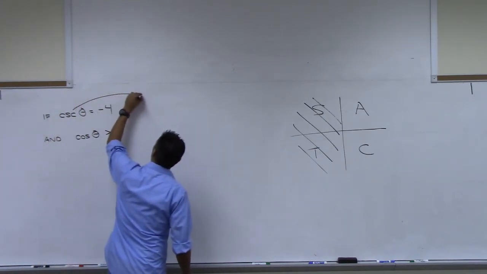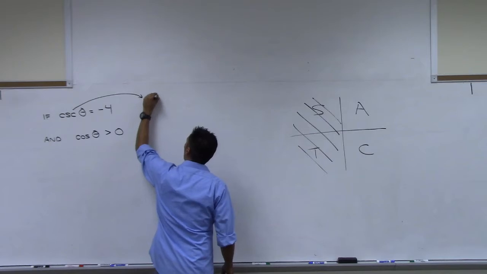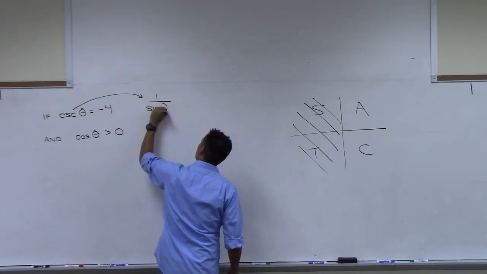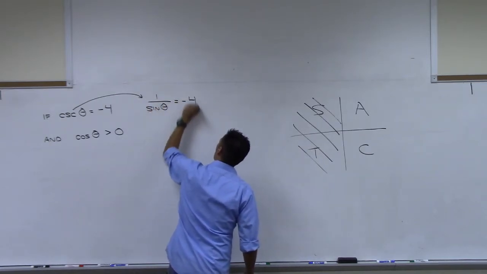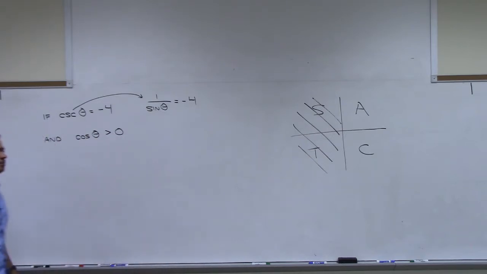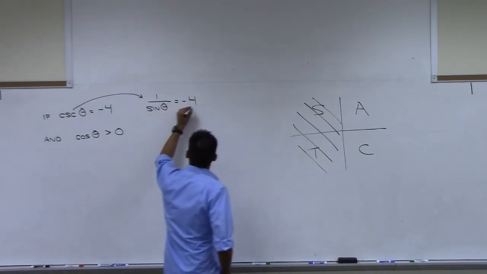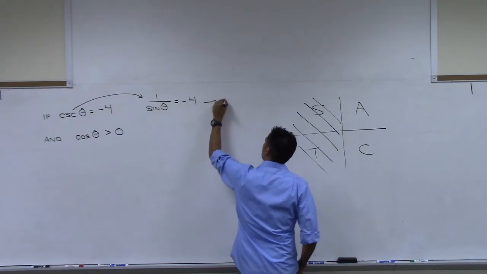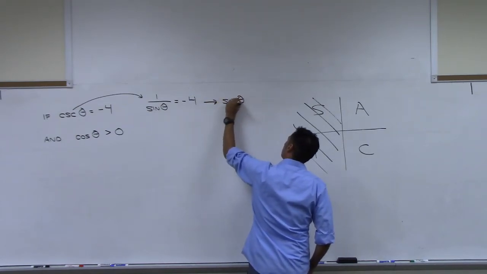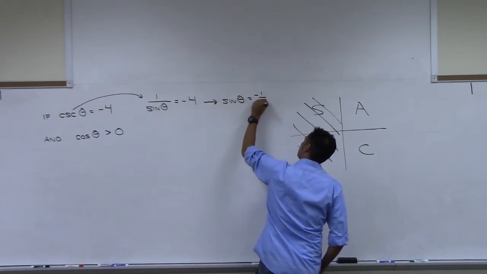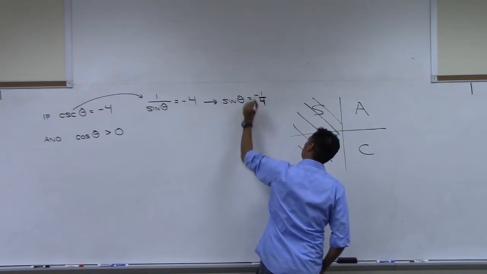So this right here means 1 over sine theta equals -4, right? That's what cosecant theta means, 1 over sine theta. And wouldn't that mean that sine theta is -1/4?